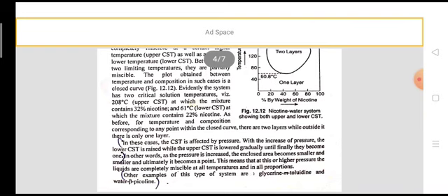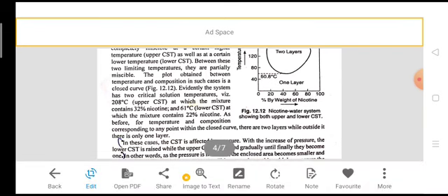Once again, in this case, the pressure is the main affecting factor of critical solution temperature. At higher pressures, the upper CST becomes lowered and the lower CST becomes higher. So as pressure increases, this closed curve becomes smaller and smaller.